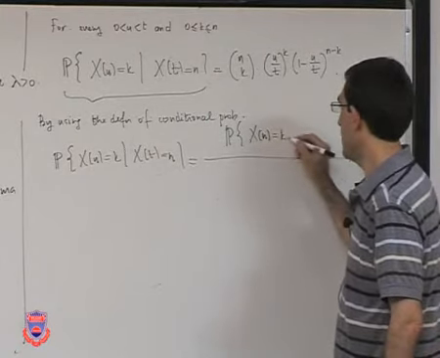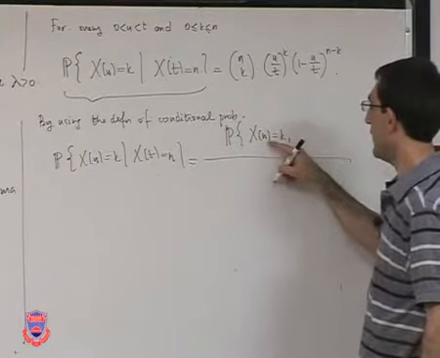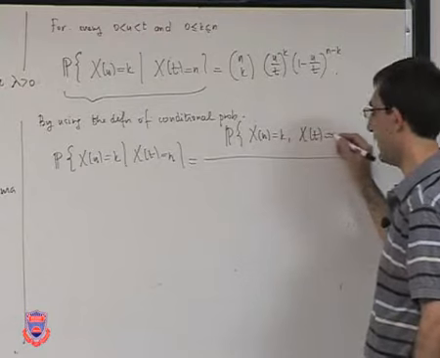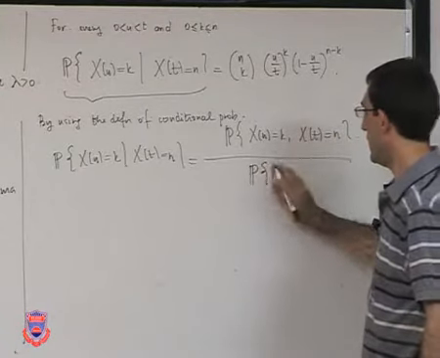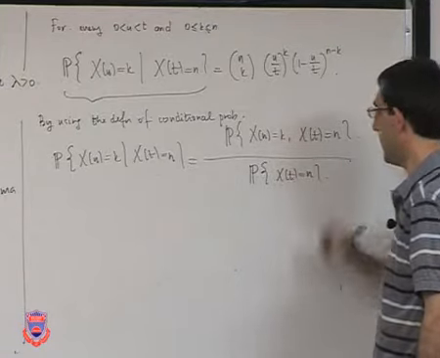In the numerator we have the probability that the number of arrivals until u equals k and the number of arrivals until time t equals n, divided by the probability that the number of arrivals until time t equals n.